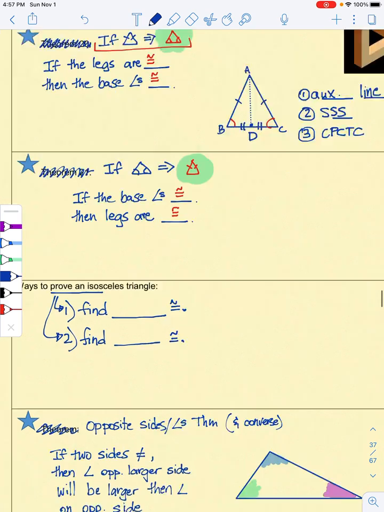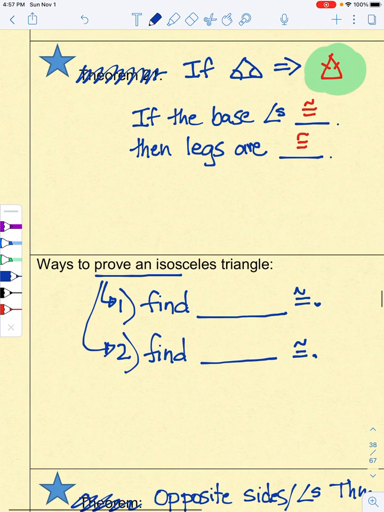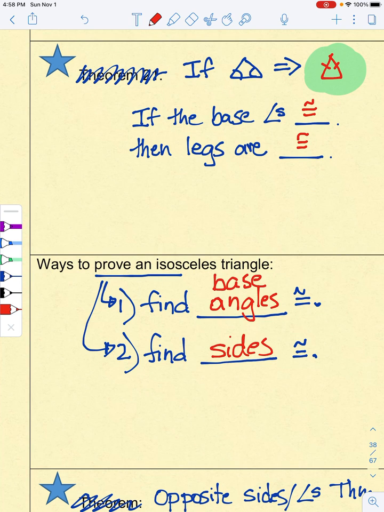All right. This allows us to summarize that if I want to prove that a triangle is isosceles, you can either find the angles are congruent or show the sides are congruent. And we would, by the way, mean the base angles here. So we just need two of them, right?